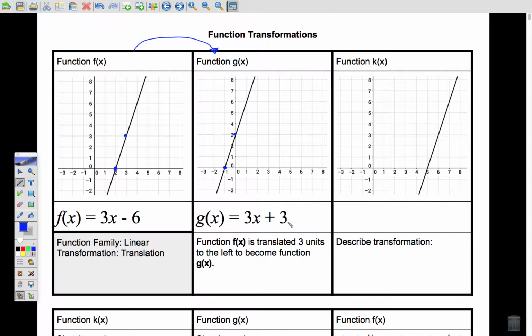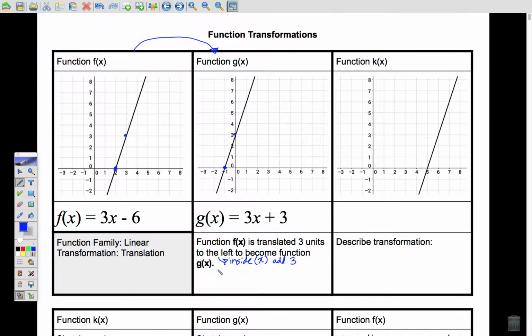So how did they figure out this equation? Well, if I want to go 3 units to the left, that means I need to do something inside the parentheses or with x. And if I want it to go left, I am going to add 3 units. So I'm going to add 3 units inside this equation.